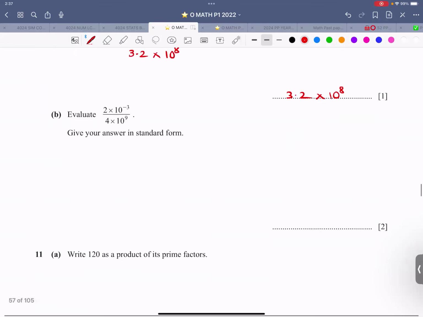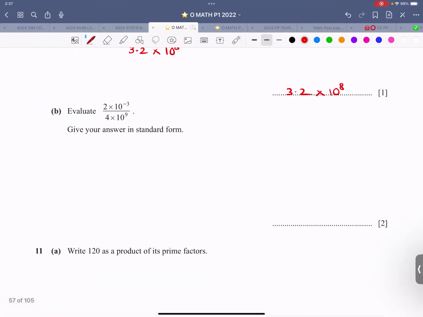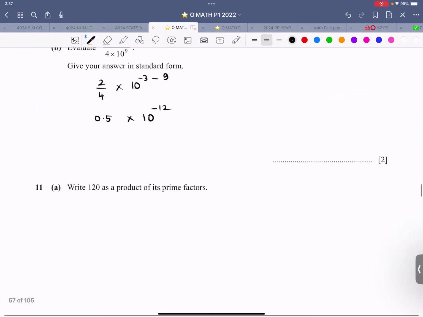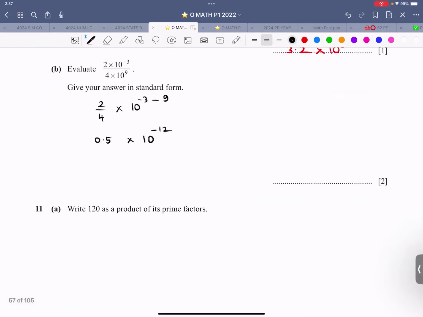Okay, the next one. Evaluate this thing. Give your answer in standard form. So therefore, this is 2 into 2 over 4, separate it out, 10 raised to power of minus 3, minus 9. So this is 0.5 into 10 raised to power of negative 12. I can write 0.5 as 5 over 10 into 10 raised to power of negative 12.